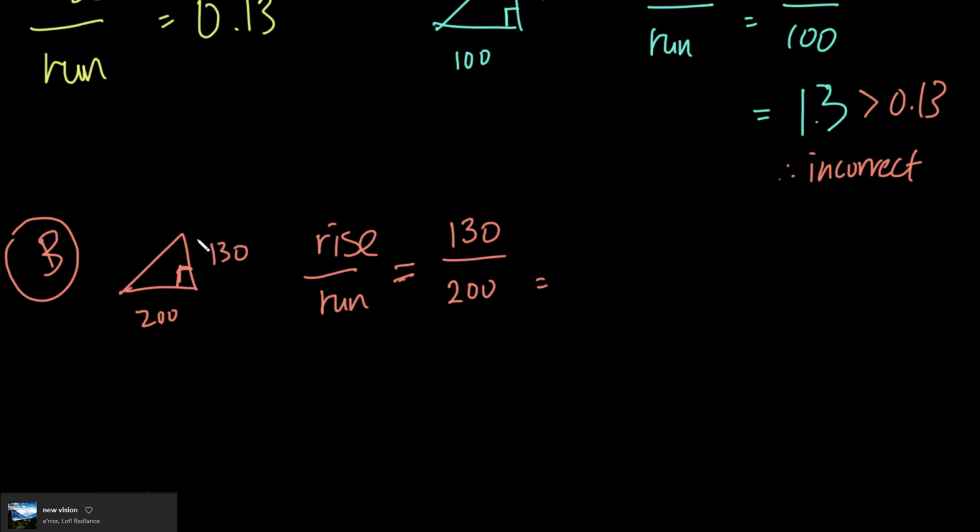Again, my vertical is always rise and my run is always horizontal. I'll use my calculator. 130 divided by 200 gives me 0.65. But 0.65 is greater than 0.13, so therefore it's incorrect as well. Remember, I want less than 0.13. So option B is also not correct.